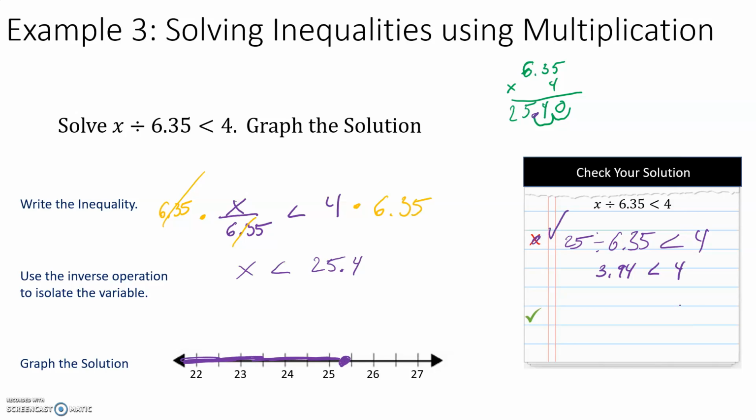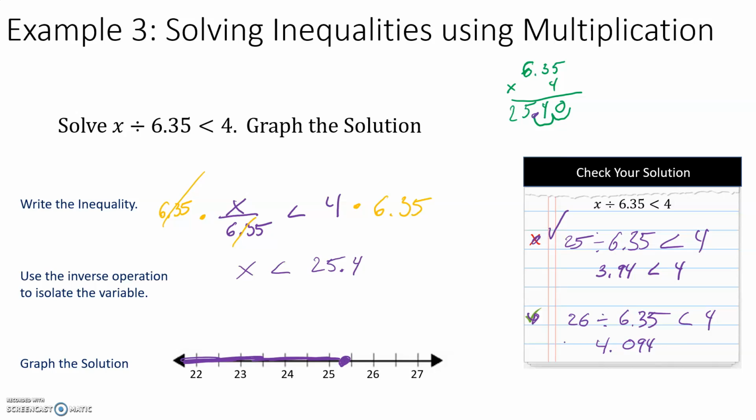All right. And then if I plug in 26 divided by 6 and 35 hundredths, less than 4, I would get roughly 4.094.